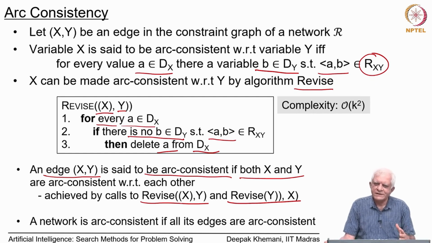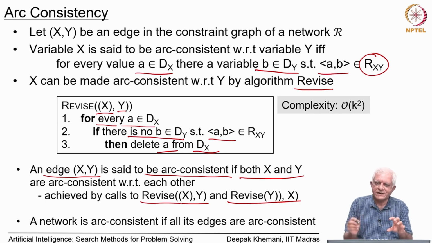So, now we have a recipe for pruning the domains by looking at a particular kind of consistency called arc consistency, and arc consistency says that if you take any arc or any edge in the constraint graph and you take any value from one end, you will find a corresponding value in the other end essentially. So, you can take a value in x and you will find a value in y.